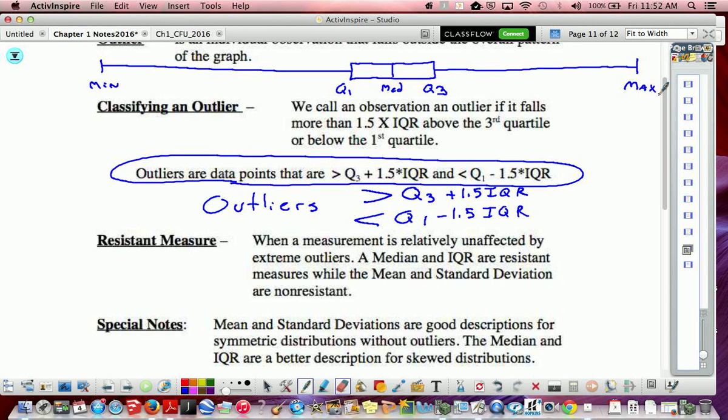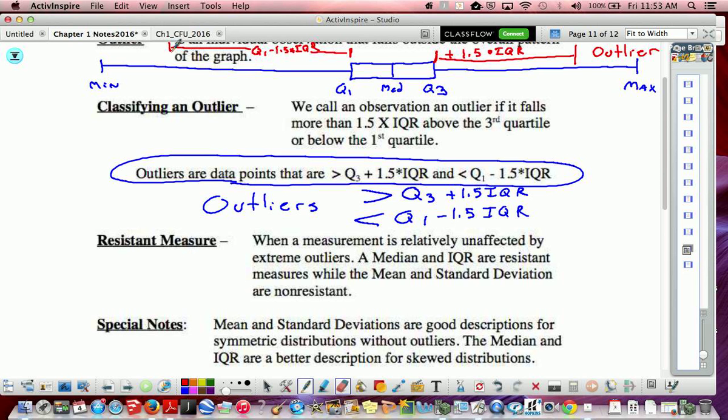So what happens is for an outlier, I go from Q3 and I add 1.5 times the IQR to it. So that distance might go to here. Anything here would be considered an outlier. Likewise, going in this direction, I'm taking Q1 and subtracting that 1.5 times the IQR.